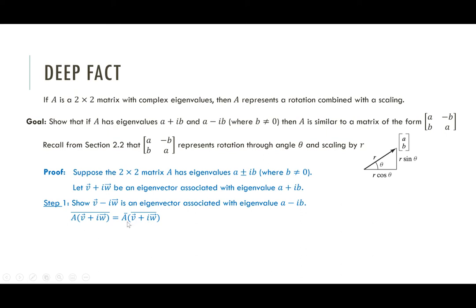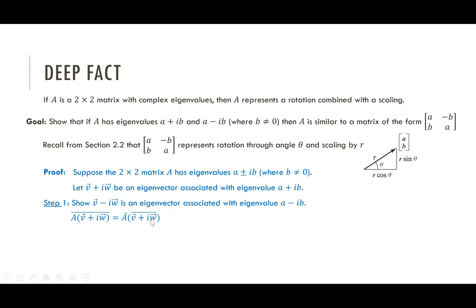And you might be wondering, what does it mean to take the complex conjugate of a matrix? We define that to be taking the complex conjugate of each of the entries. And you can confirm for yourself, at another time or right now, that this rule still works even when we're dealing with matrices.